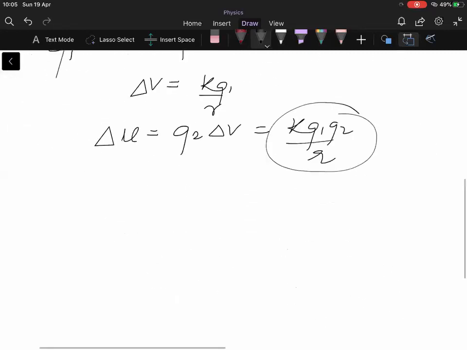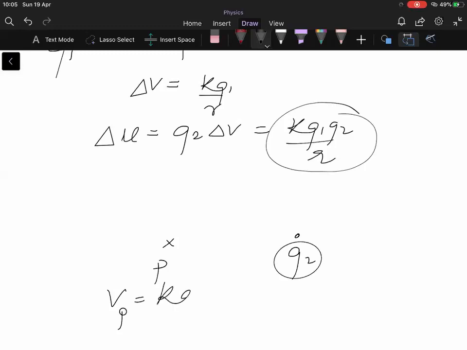What is the other way? You already have q2 present here. This is a point p. You will calculate the potential of point p because of this charge q2, which is k q2 by r. You bring in charge q1 from infinity to this point. Potential at infinity is zero.